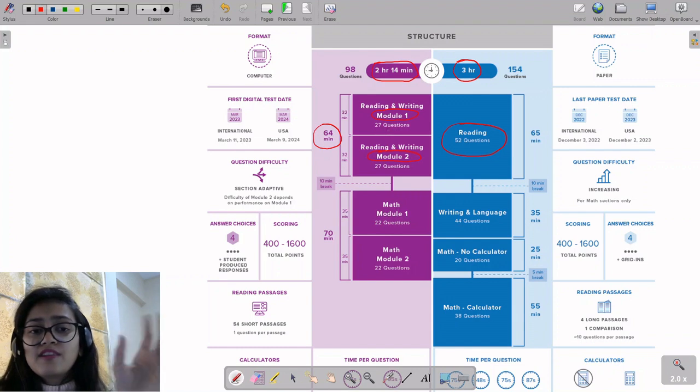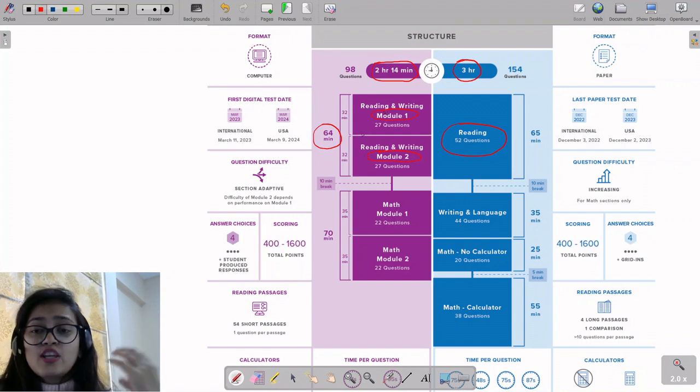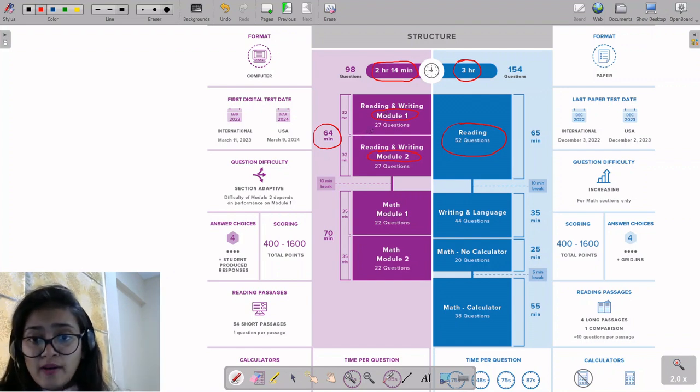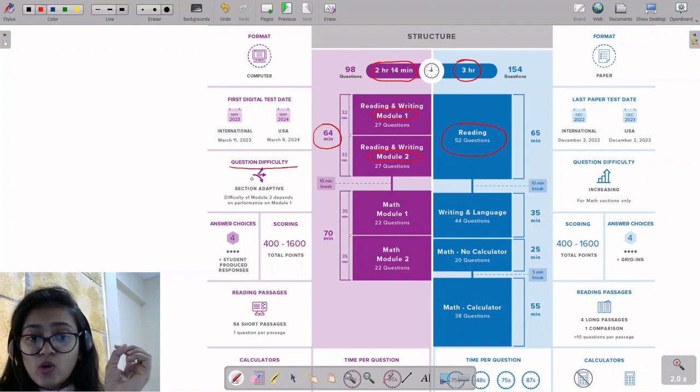Alright, and the difference between Module 1 and Module 2 is that Module 2 will depend upon your performance in Module 1. Basically it means that the sections will be adaptive. As you can see on the left hand side, the question difficulty is section adaptive.